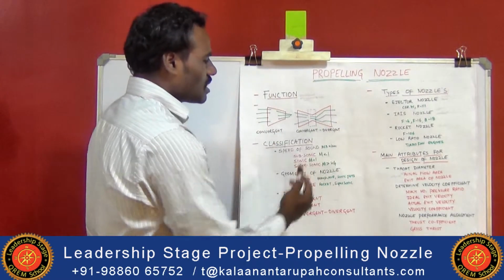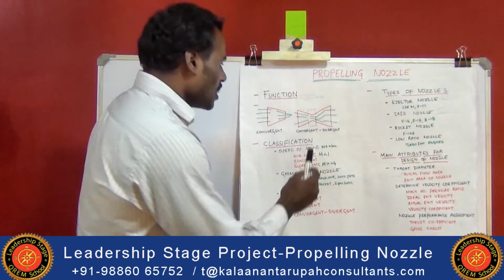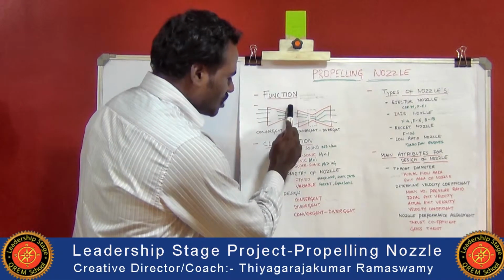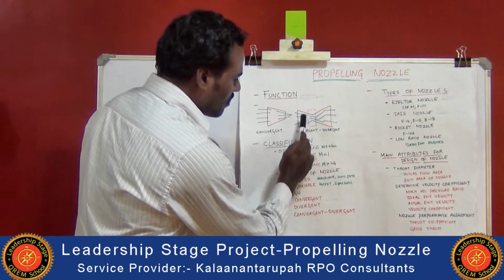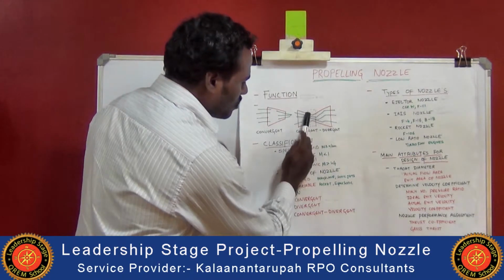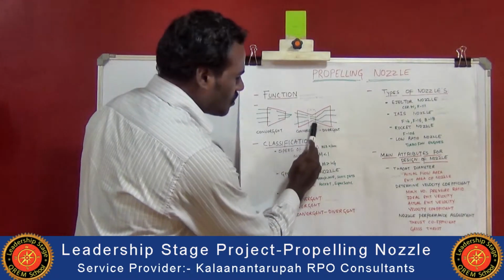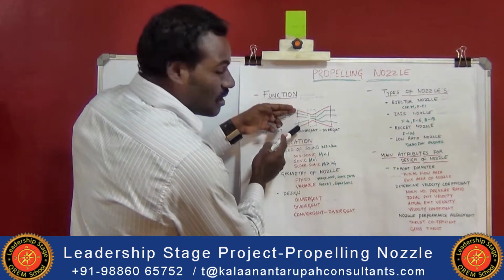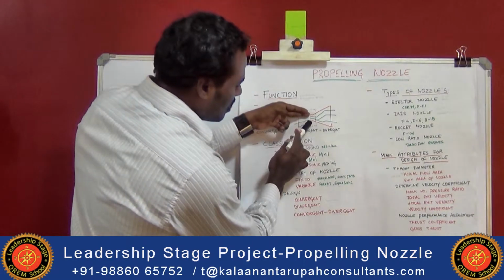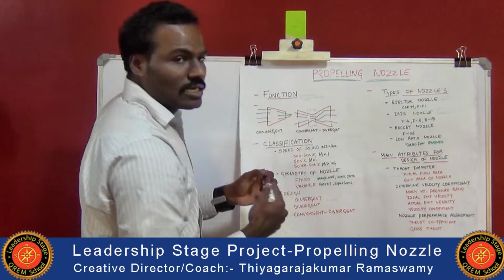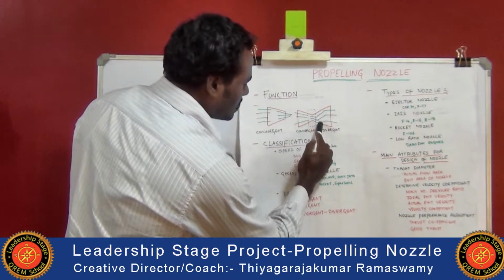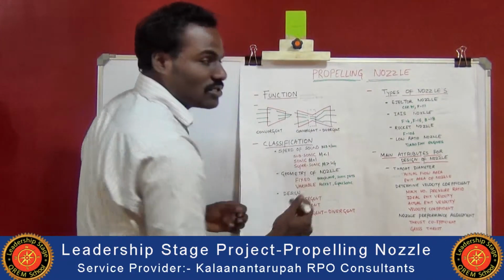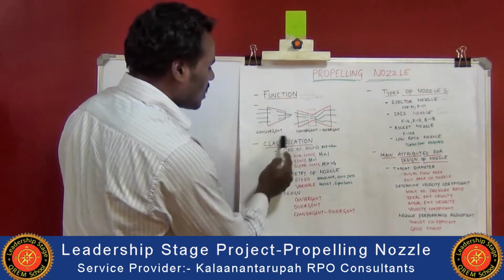Whereas in the convergent divergent nozzle, when the exhaust gases reach the convergent area, they move to the throat area, so that the exhaust gas is consistent at this area and gets a higher velocity, and the expansion is carried out over this area, which gives a better performance when compared to the convergent nozzle.